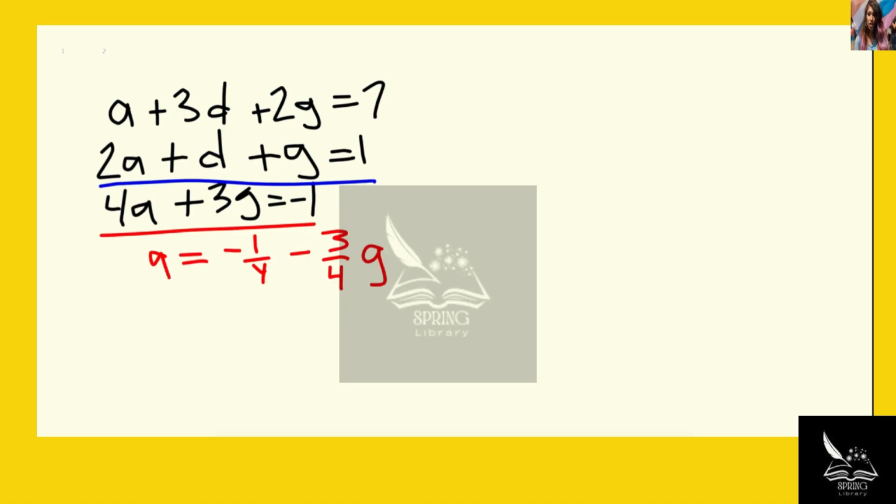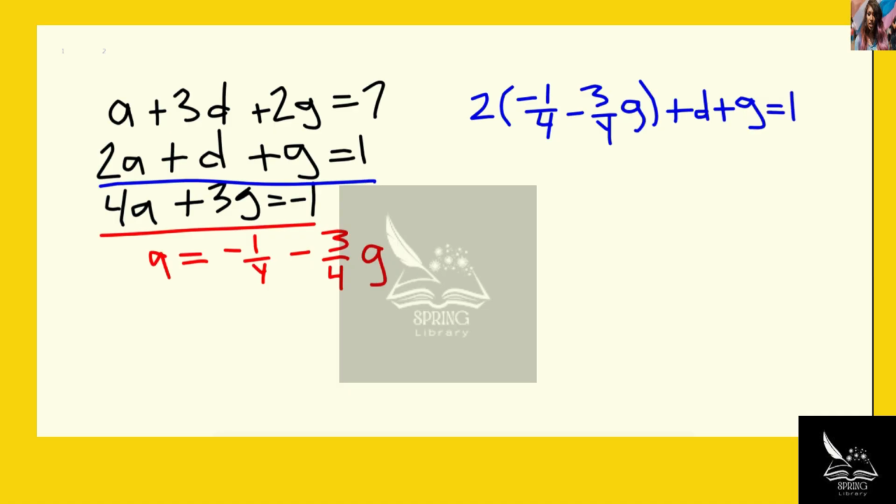And so that'll give us 2 times what we found for A, -1/4 minus 3/4 G, plus D plus G equals 1.